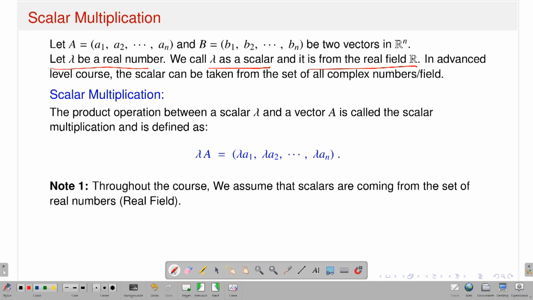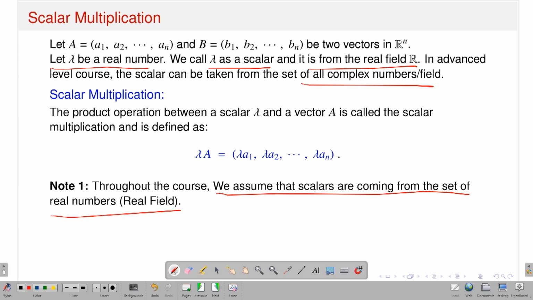In an advanced level course, one can take these scalars also from the complex numbers, that is the complex field. But in this course, we assume that the scalars come from the set of all real numbers, the real field.